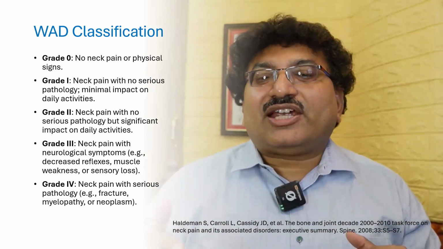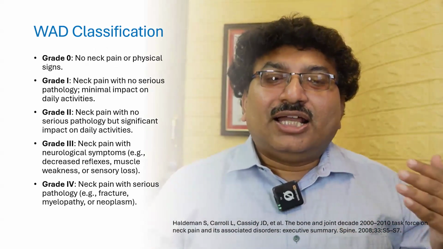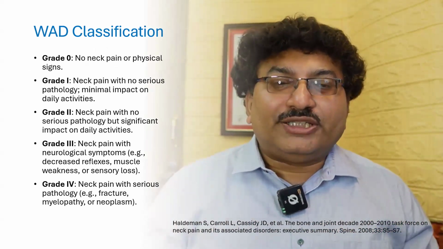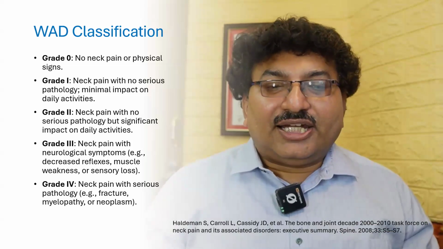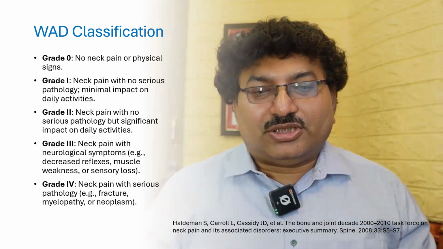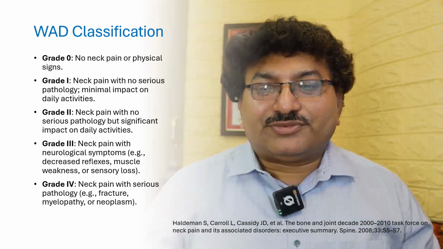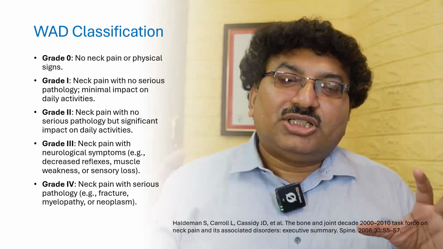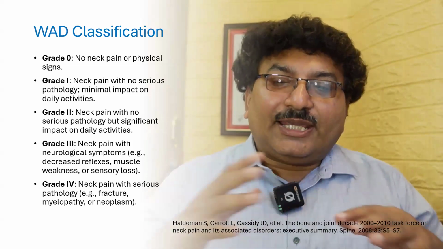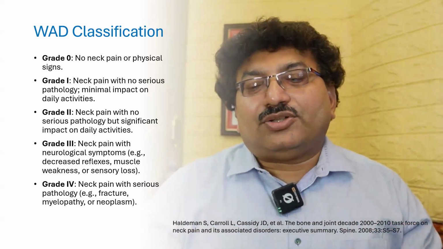Grade 3, neck pain with neurological symptoms like decreased reflex, muscle weakness, sensory loss. And grade 4, neck pain with very serious pathology like fracture, myelopathy, neoplasms. Sometimes a neck pain classification is applied to the whiplash associated disorders as well.